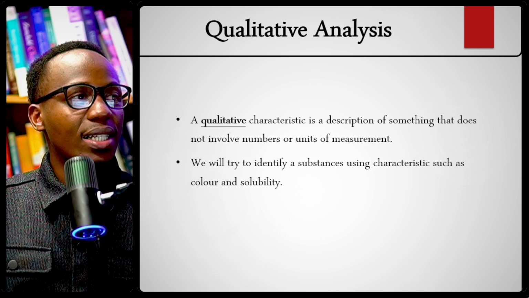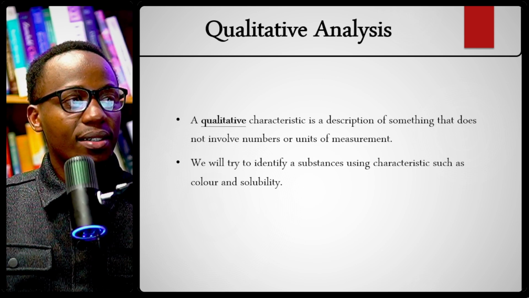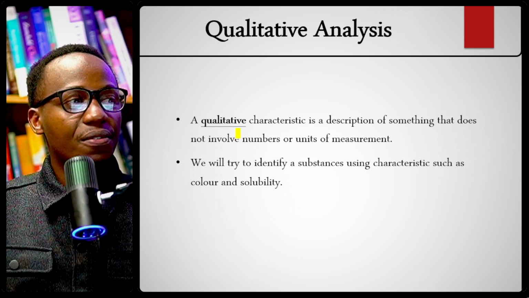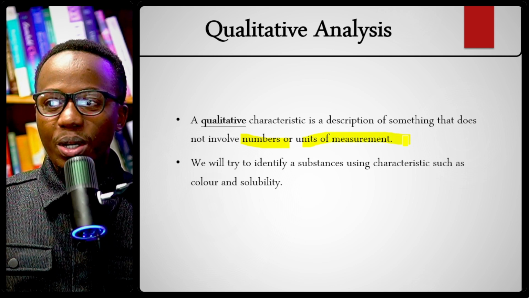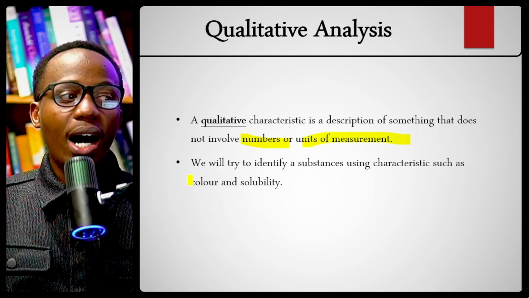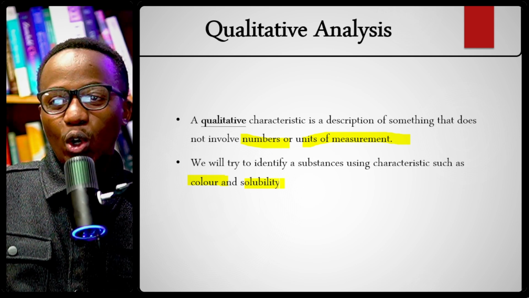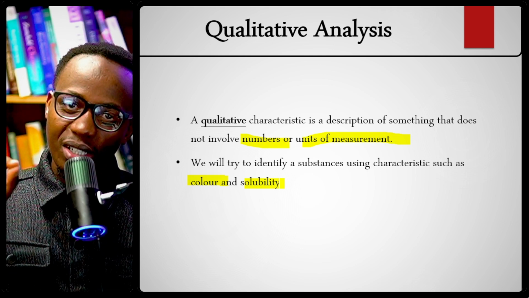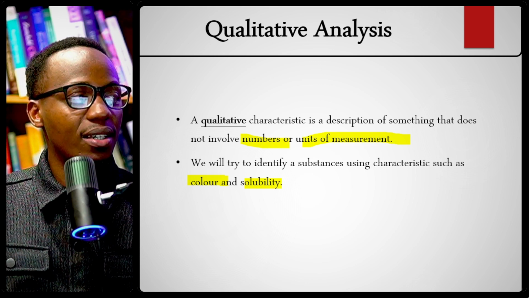And qualitative analysis is when we're studying a description of something and it doesn't involve numbers or units of measurements, right? So it might be something like color, solubility. Is it something hot or cold? That's quality, right? But when you start measuring the temperature, that is quantity. So qualitative versus quantitative, right?